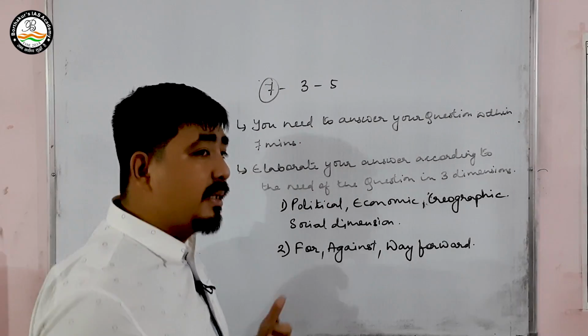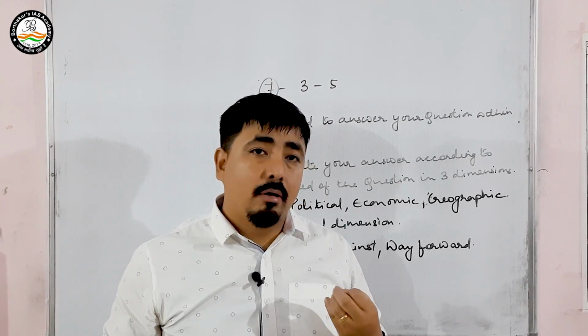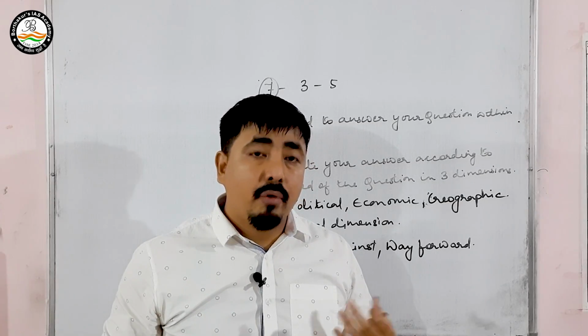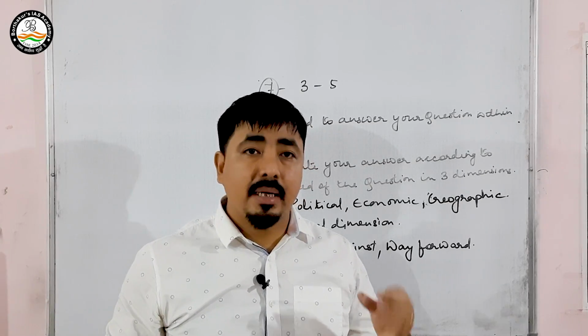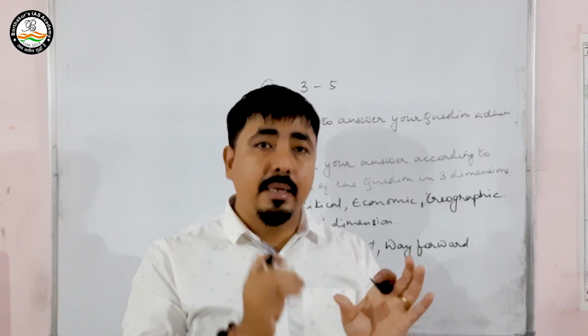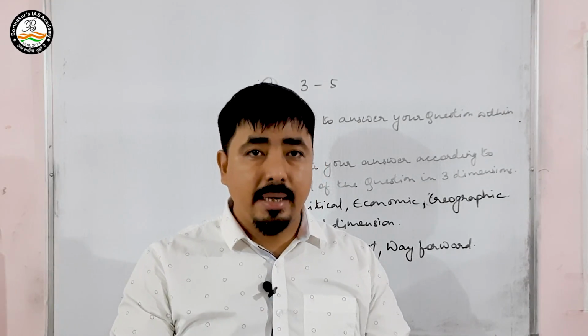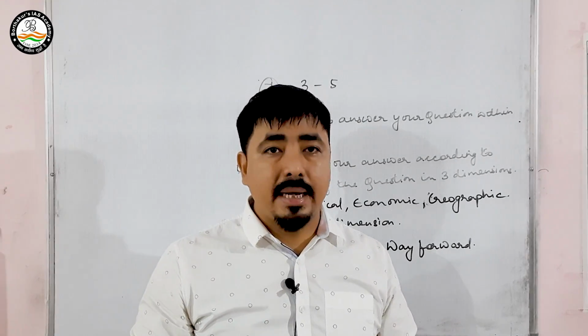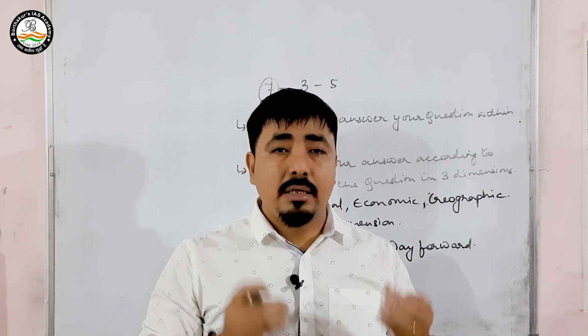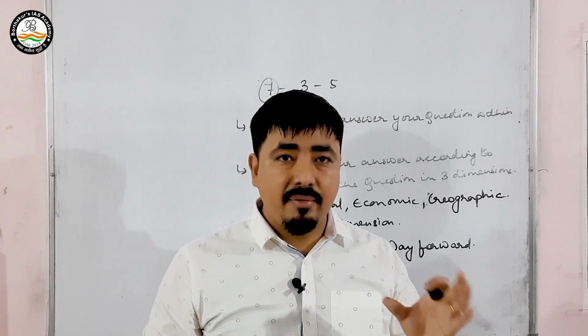Since you are going to become a civil service officer, you should always try to give a way forward in your conclusions. There are problems, so in your conclusion you can suggest some way forward, that if this is done, it would be good. It is always suggested to do that, because in future also, as an officer, you are going to solve problems only. So you should have ready solutions.